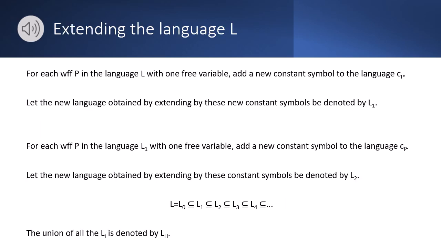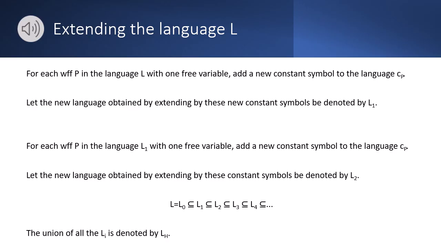Okay, so let's now go through some of the details of the various steps, and we'll finish with the Henkin construction. Recall that the first thing we have to do is expand our base language to include a lot more constant symbols. The way this works is that for each well-formed formula P in the language L with one free variable, we add a brand new constant symbol to the language, C with a subscript of that well-formed formula.